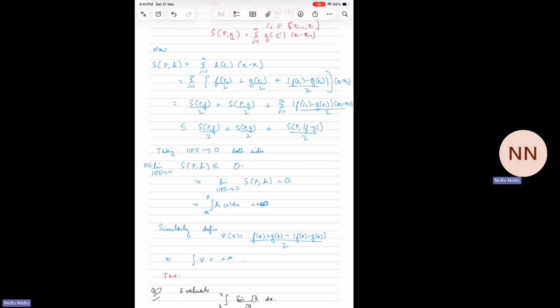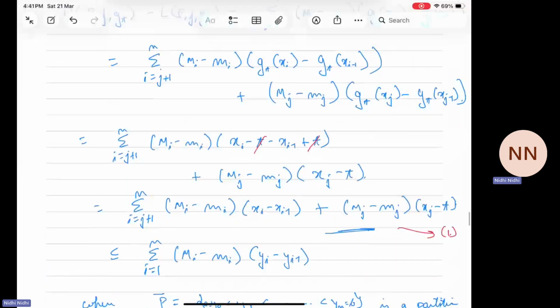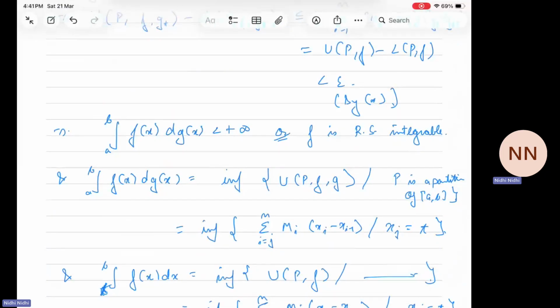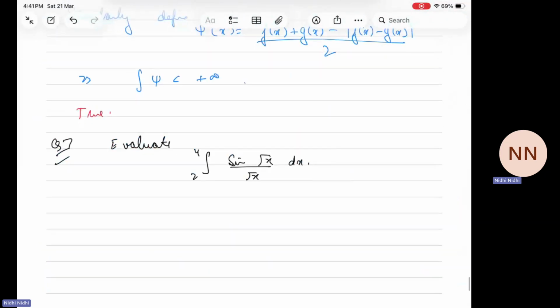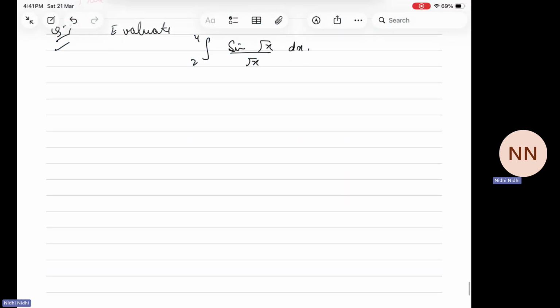Okay, so this is nothing but just substitution. Firstly, we'll see that this integral is finite and then use our standard methods that we had studied in high school to evaluate this integral.